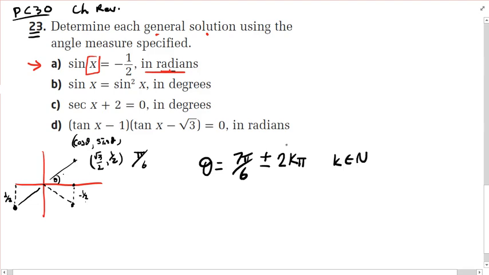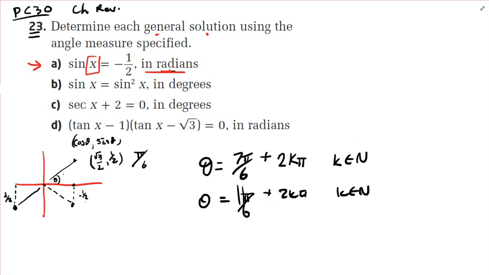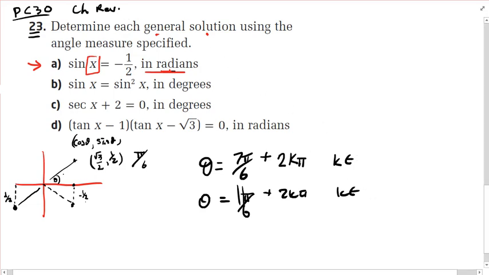That means you can add any multiple of 2 pi that you want, and you get all of the answers. You could also subtract 2 pi, you get the same thing in the negative direction. You could do the same thing for 11 pi/6 plus or minus 2k pi, where k is an element of natural numbers. If you want to drop the negative, like the textbook does sometimes, then you just have to change natural numbers to integers.